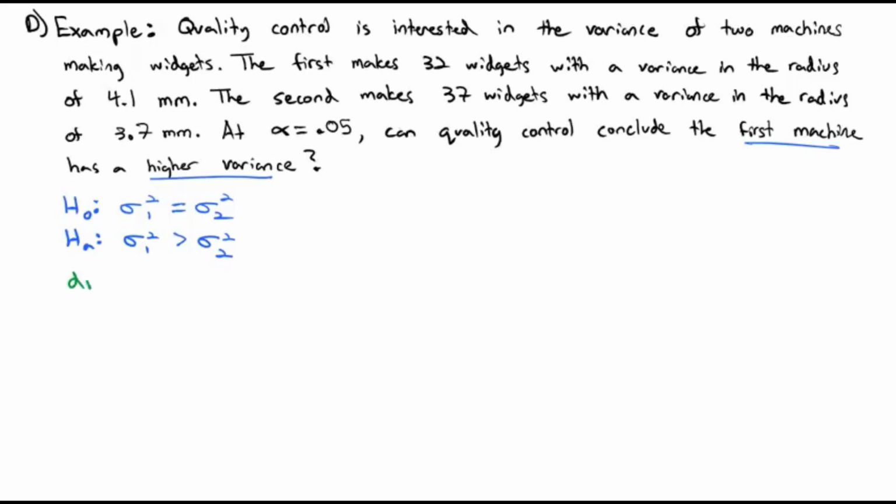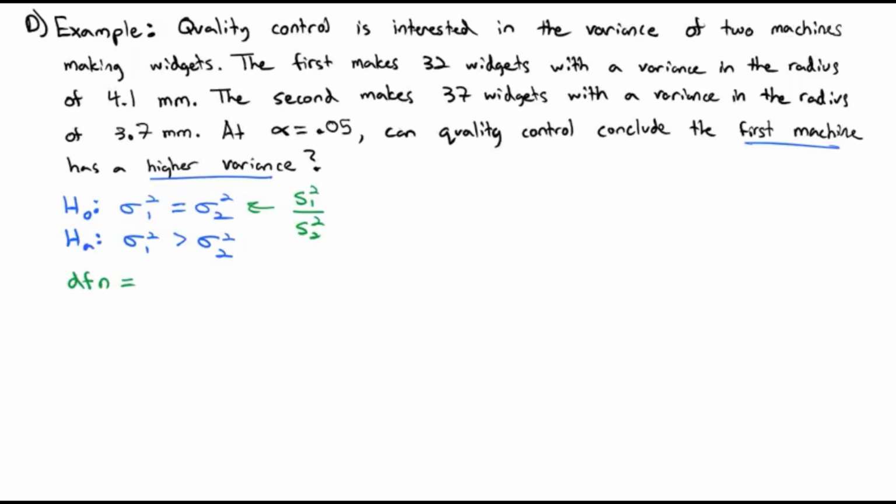For our degrees of freedom, the degrees of freedom of the numerator, we always do our division in order as listed in the hypothesis test. So we're going to do the variance of the first machine divided by the variance of the second machine.